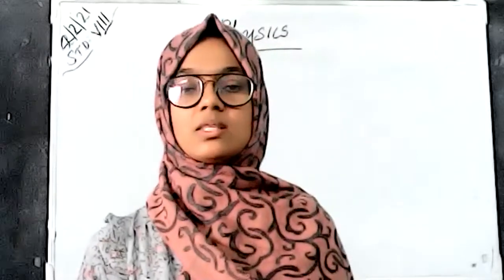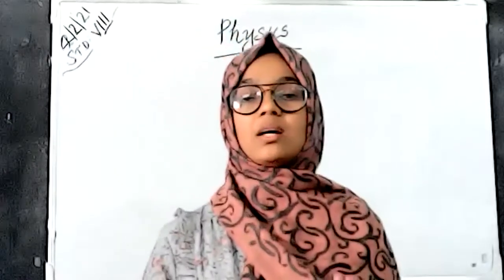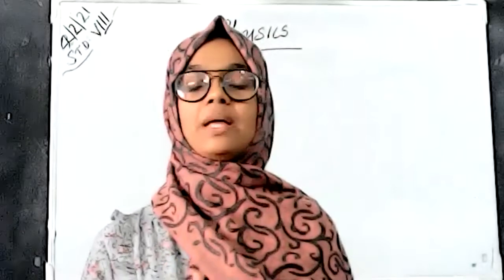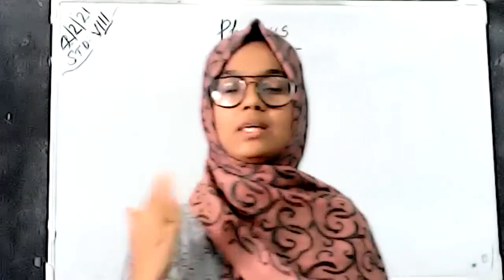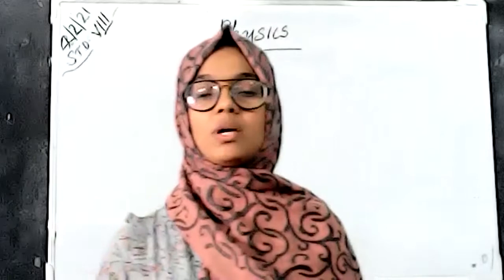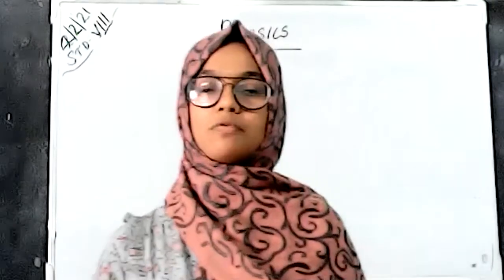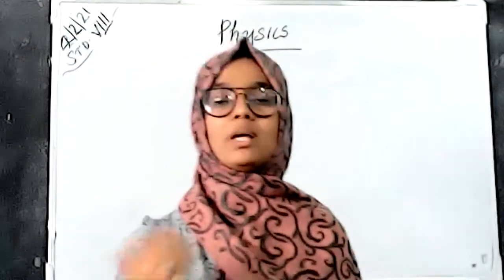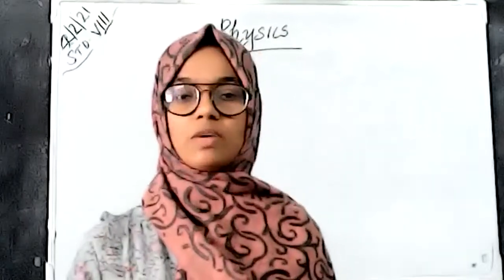Today we are discussing the ray diagrams, when we place the object at different positions, the image formation, and the features of the images formed in the concave mirror and convex mirror.